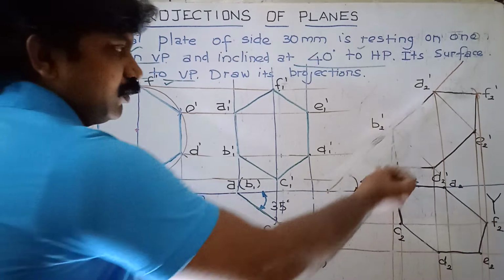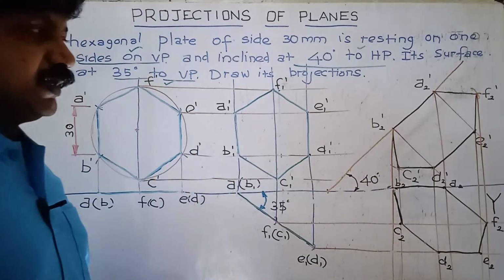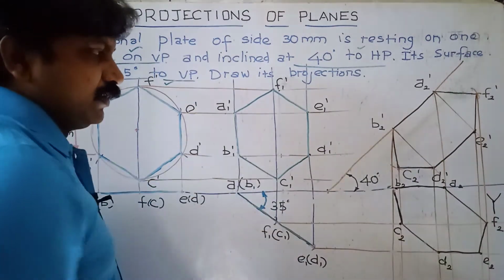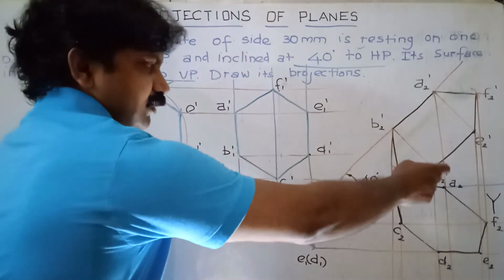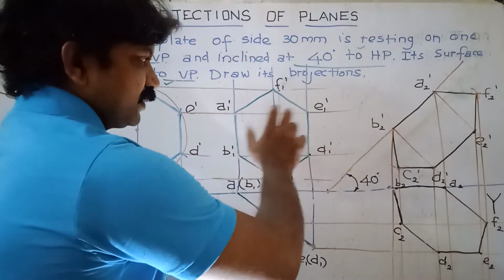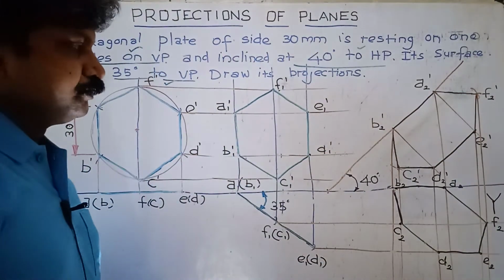Now from A2 dash and B2 dash, draw a perpendicular line using the drafter or protractor. And then B1 dash to D1 dash distance as radius, draw the arc, mark the point D2 dash. A1 dash to E1 dash distance as radius, A2 dash as center, draw the arc, mark the point E2 dash.